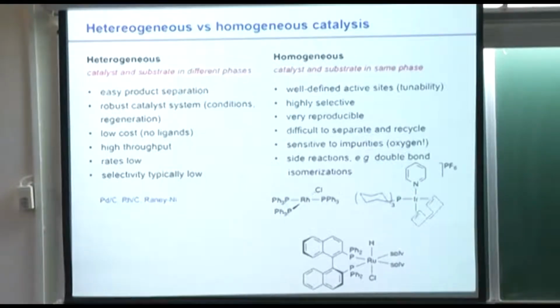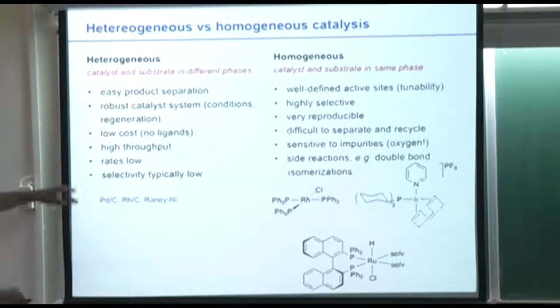So steam reforming will be a classic, ammonia formation, and so on. While in homogeneous catalysis, the whole system is homogeneous, so always in the same phase. So enzymatic catalysis is typically homogeneous because everything is in water, everything is properly dissolved.